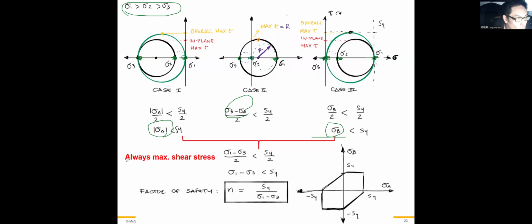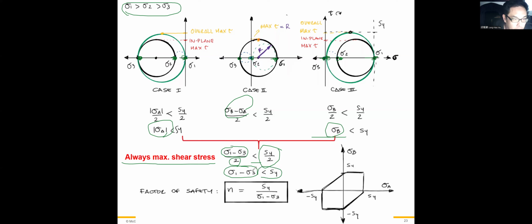So the maximum shear stress always occurs for the condition of sigma 1 minus sigma 3, because we define sigma 1 as the highest principal stress. Divided by 2, it has to be smaller than half of the yielding stress. Therefore, sigma 1 minus sigma 3 is smaller than sigma y.